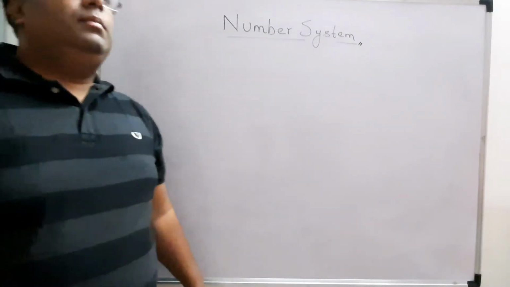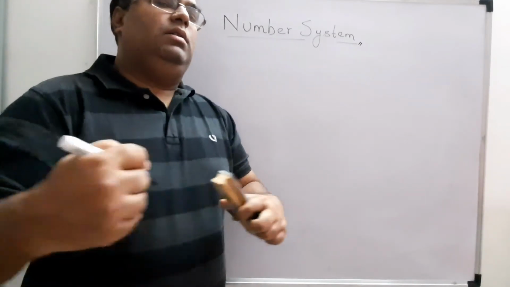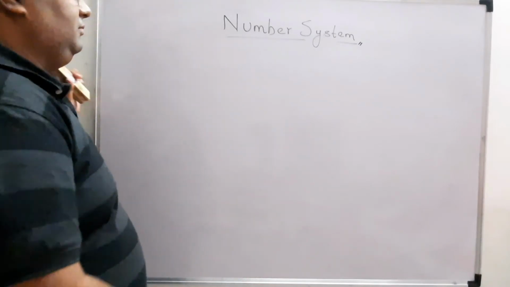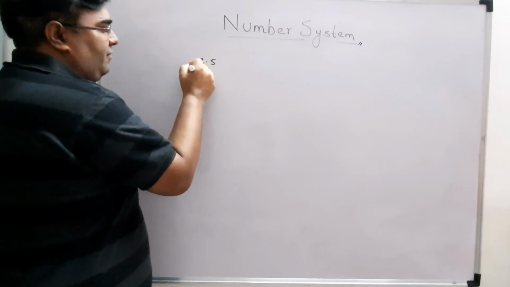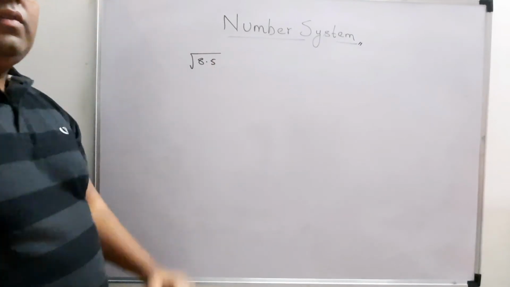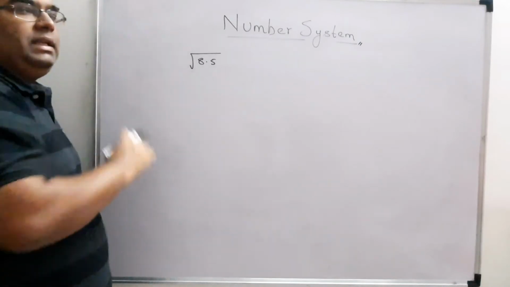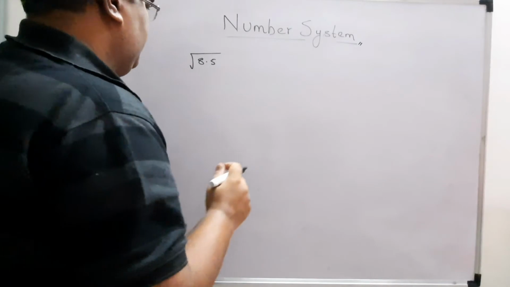And now we will learn about how to represent a decimal irrational number on a number line. Suppose we have given square root of 8.5, and we need to represent this on number line. So how to do that?